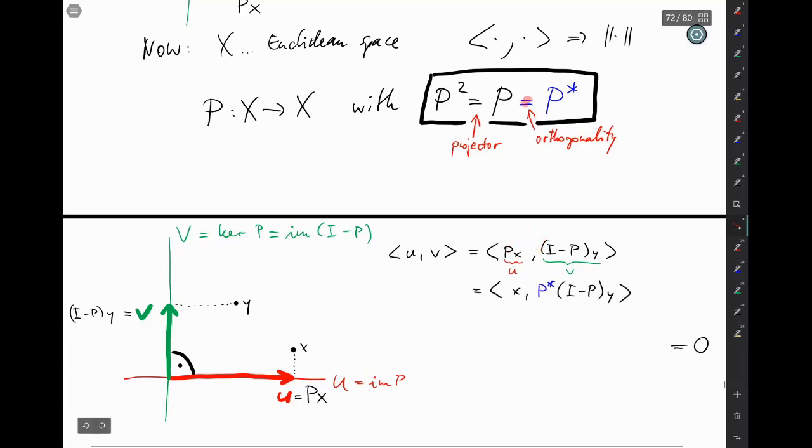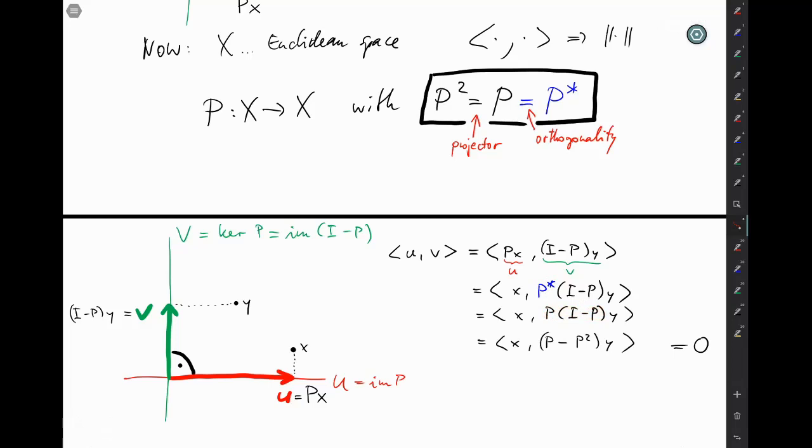But then, because P star equals P, we can just replace this P star here by P, and then multiply this product out. And then note that by that projector equality, this term here is equal to 0. So indeed we end up with our claim.